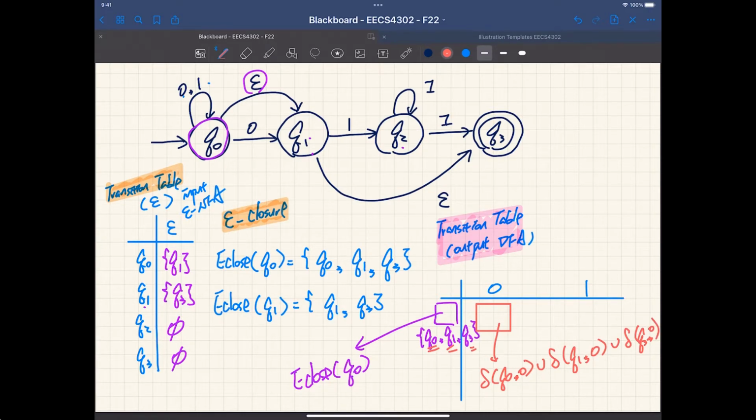Once you get all these states, you calculate the E close of each state.